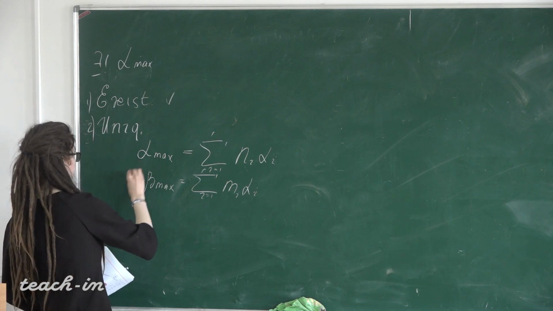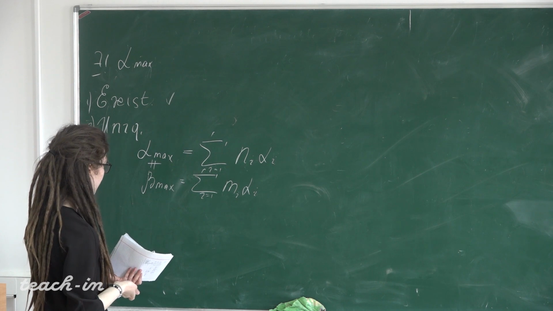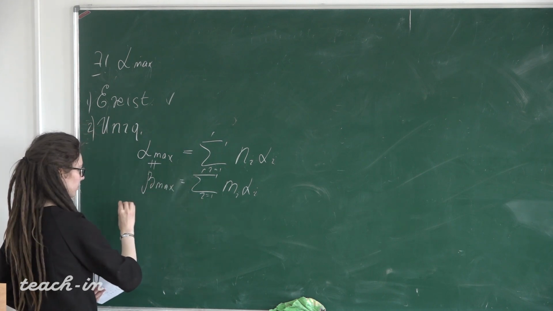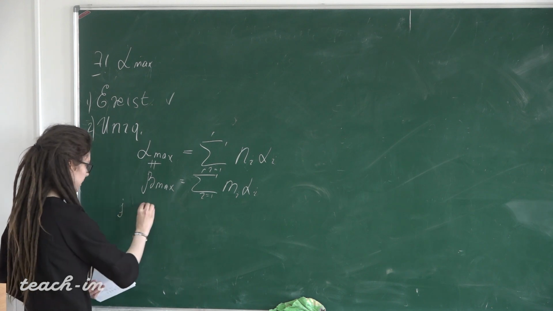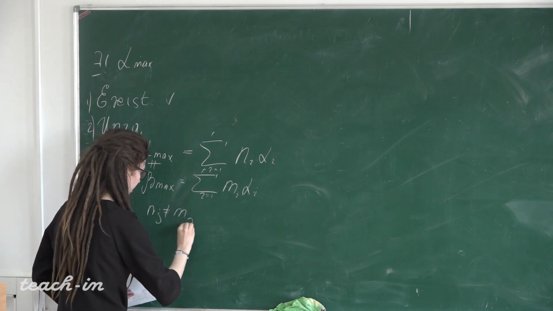Also, they are not equal, so at least one index j should be such that n_j is not equal to m_j.